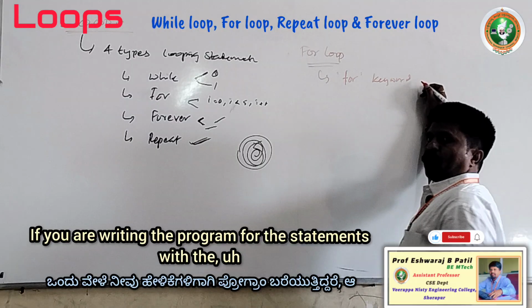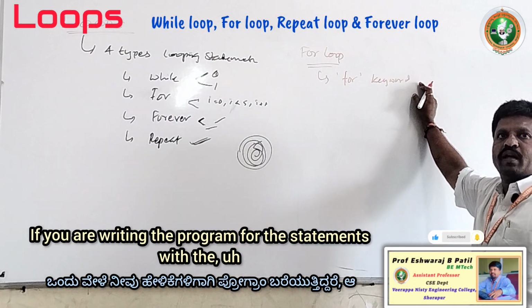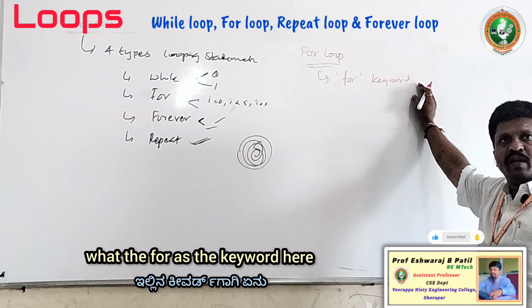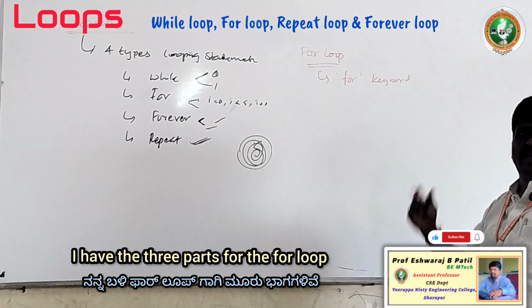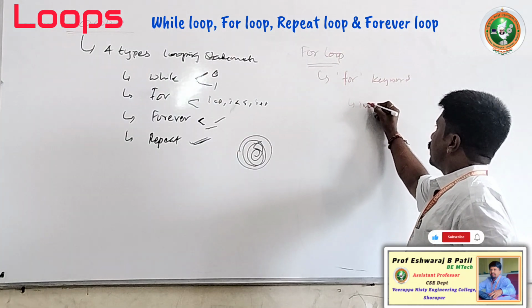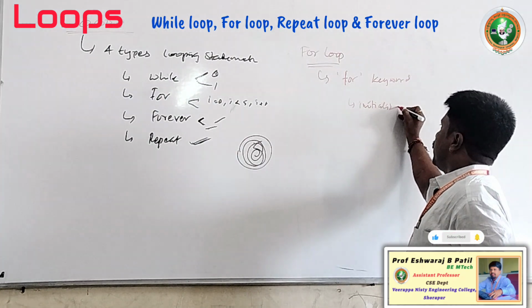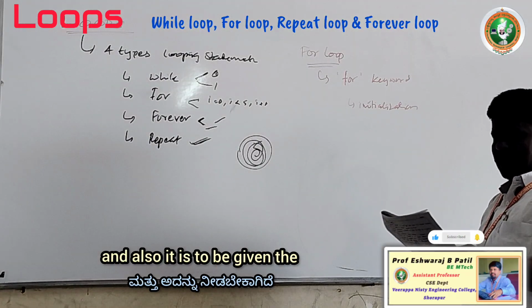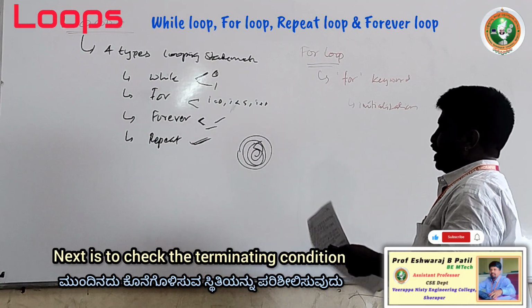If you are writing the program with for loop statements, then I have to use for as the keyword here. I have three parts for the for loop. One is the initialization of my for loop, and the next is to check the terminating condition.